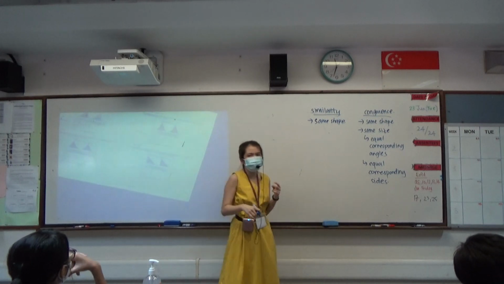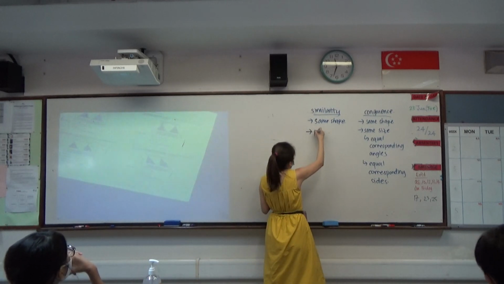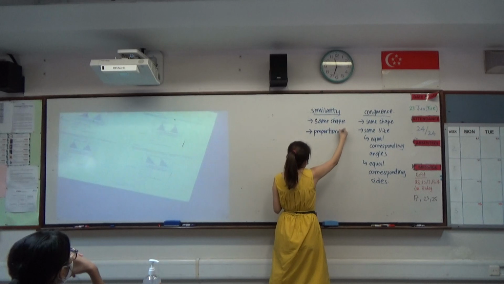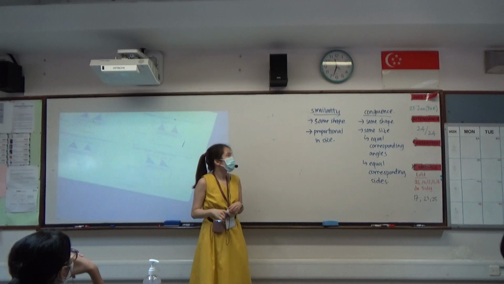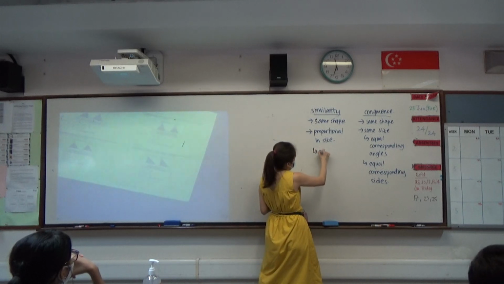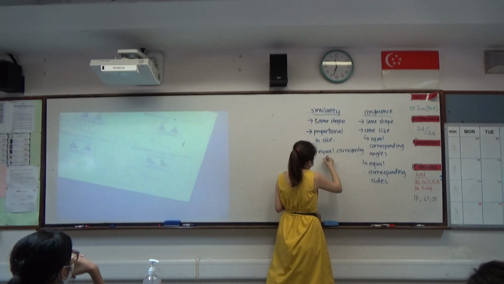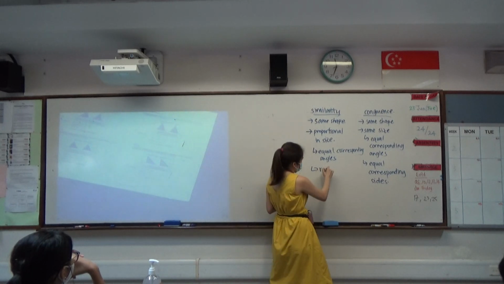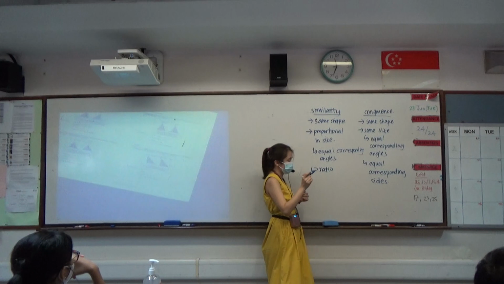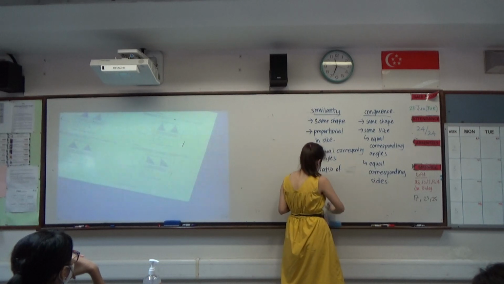But it cannot be entirely different sizes. It must in fact be proportional to each other. So proportional in size is an important concept regarding similarity. Then, when we have proportional size, we observed when we were in Sec 2 that the angles will be equal. Then for the sides, they must be equal in the sense of the ratio, so the ratio of corresponding sides.